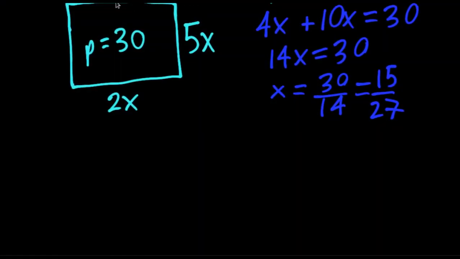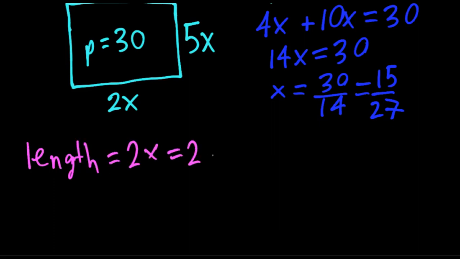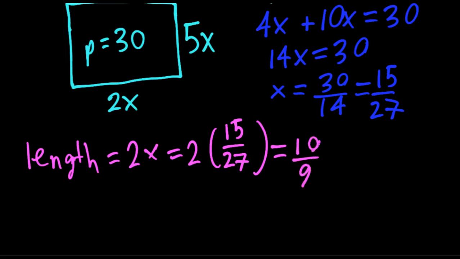Okay, so for the length, which is 2x, length is equal to 2x, which is equal to 2 times 15 over 27, which is equal to 10 over 9. And we'll leave it as that.